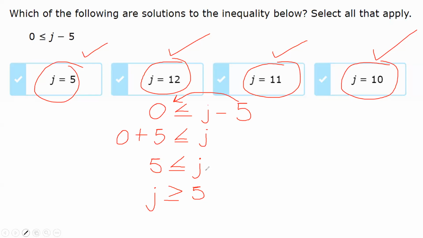J is greater than or equal to 5. Yes. All right, so that's why the sign changed. Good, great. Let's move on to the next question. So that means that for this one, we have to select all of them.